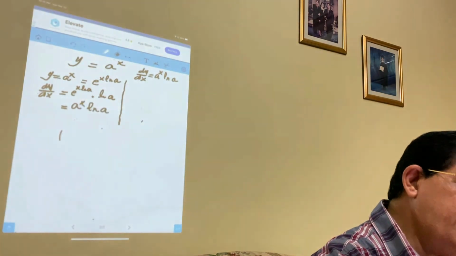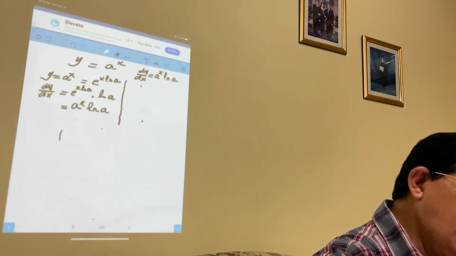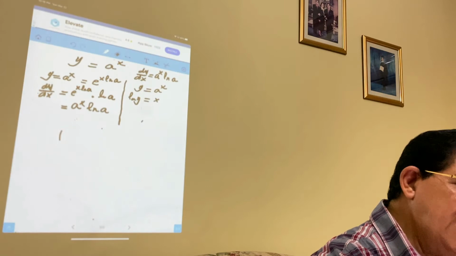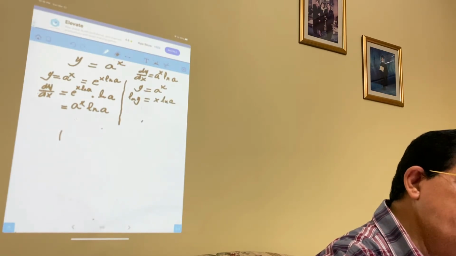The other proof is you write y equal a power x, and you take ln both sides, you say ln y equal x ln a. Then you differentiate this as an implicit equation.